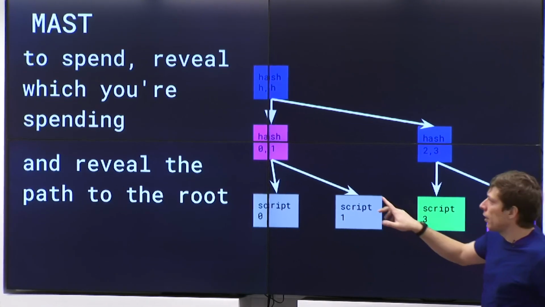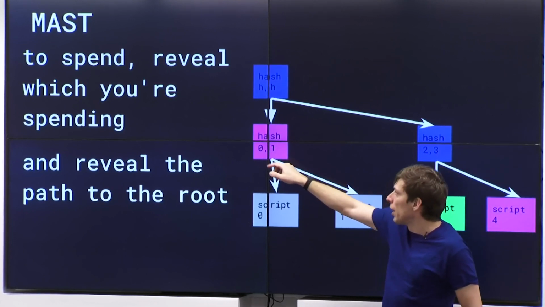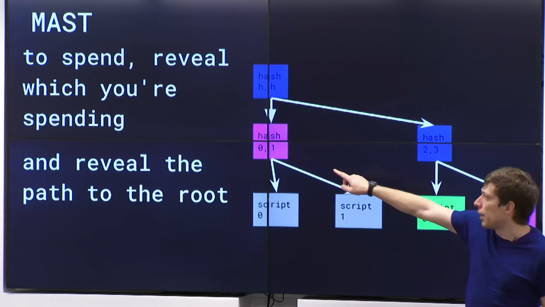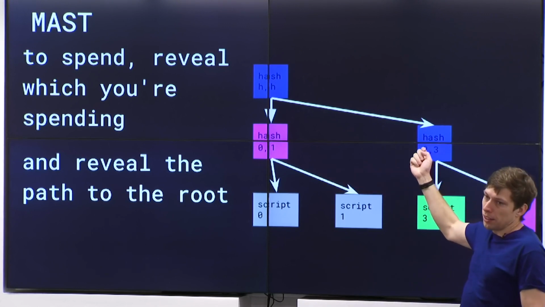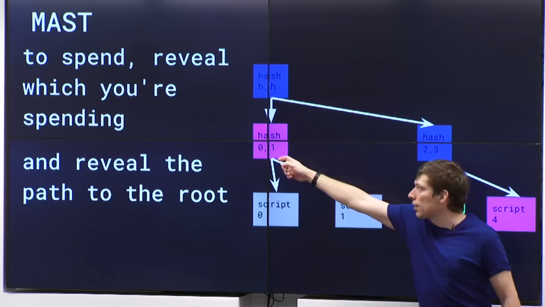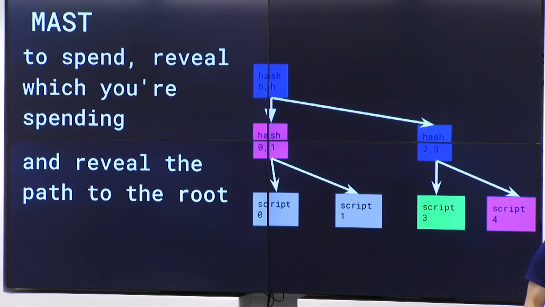So I'm going to put Alice and Bob here, and then have the tree asymmetrically get longer over here, so that when Alice and Bob sign, they can just reveal this. And when the other people sign, they have to reveal this and this. And then I optimize my space for the most likely case. So that's kind of cool.